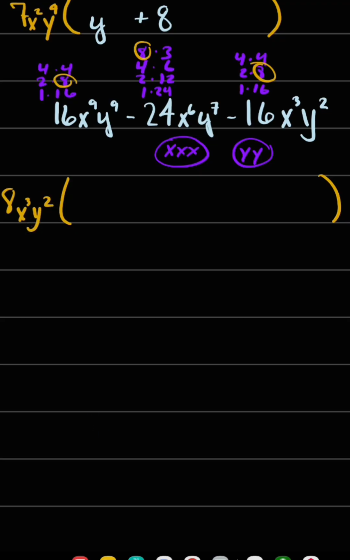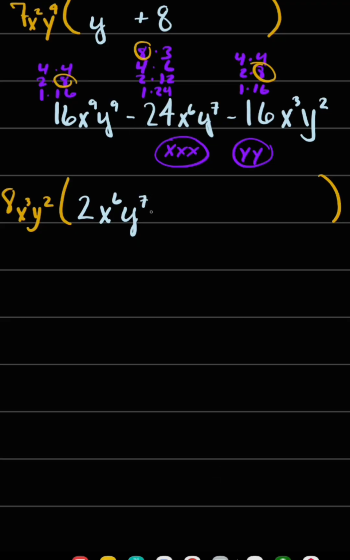That's what we were taking out. All right, let's divide to see what's left. 16 divided by 8 leaves 2. We said we're taking out 3x from everything. So that's x to the 6. Taking out 2 y's from everything. So that's y to the 7.